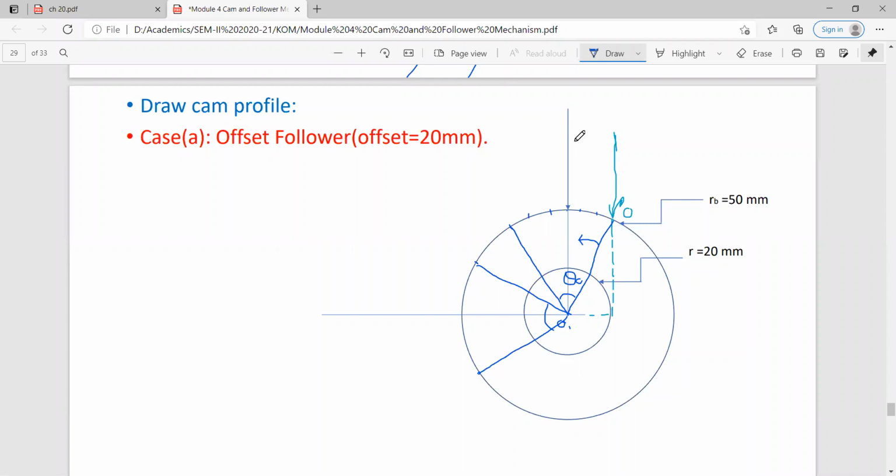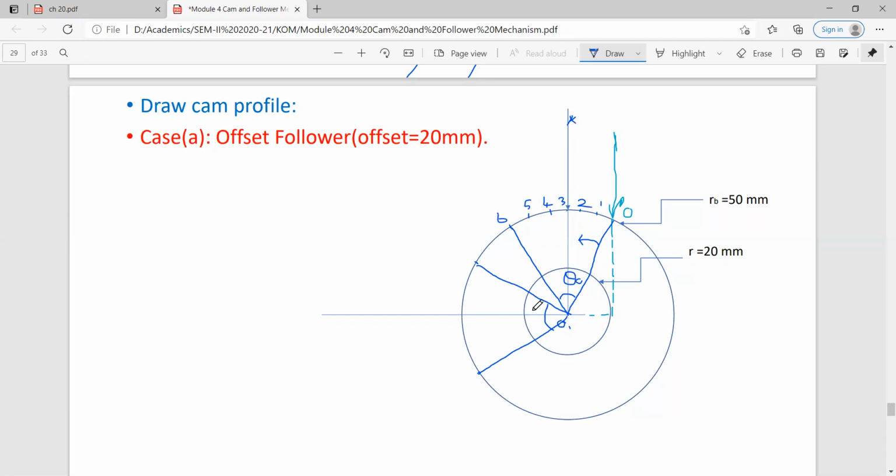This line will not come there. You do not have to draw this line. So here you will mark it 0.1, here 0.2, 0.3, then 0.4, here 0.5, and here it is 0.6.